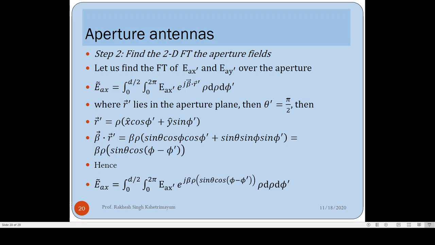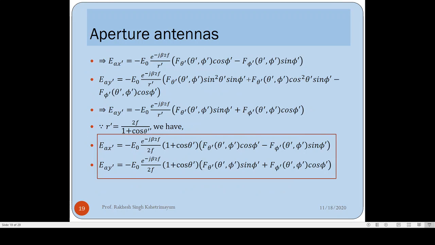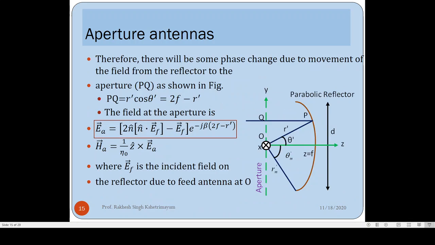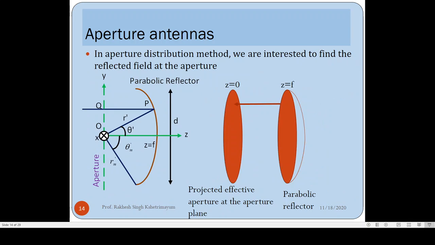Now in this case, I have told you that the aperture is at z equal to 0. This is the aperture. What is the value of theta dash for this aperture here? For this aperture, theta dash will become pi by 2.